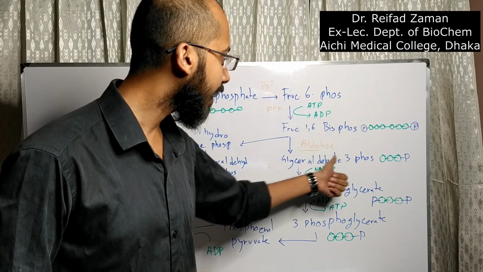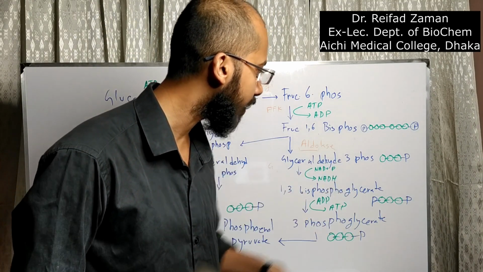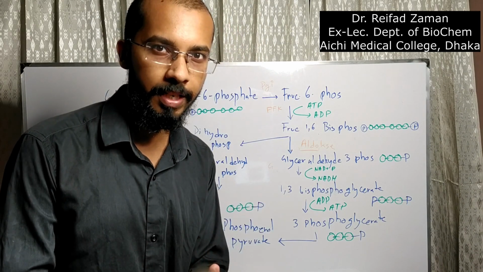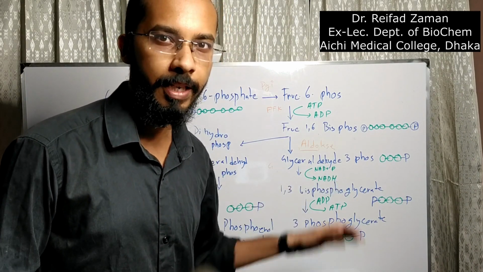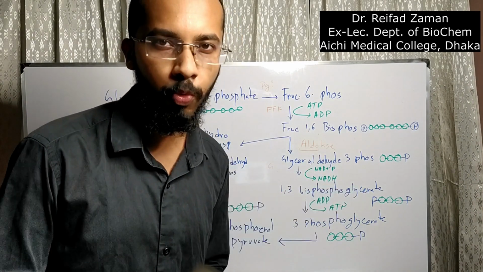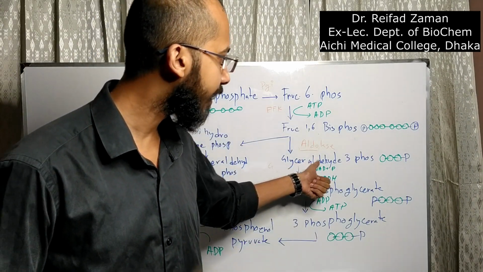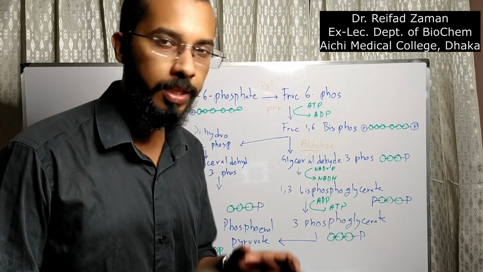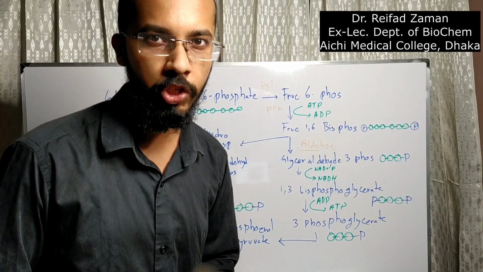Next, the glyceraldehyde 3-phosphate is being converted into 1,3-bisphosphoglycerate. And as we have seen earlier, this happens with the help of NAD. And at the end of the process, the NAD becomes NADH. So where is this hydrogen coming from? It is coming from the glyceraldehyde 3-phosphate. So in this process, the glyceraldehyde 3-phosphate is losing hydrogen.